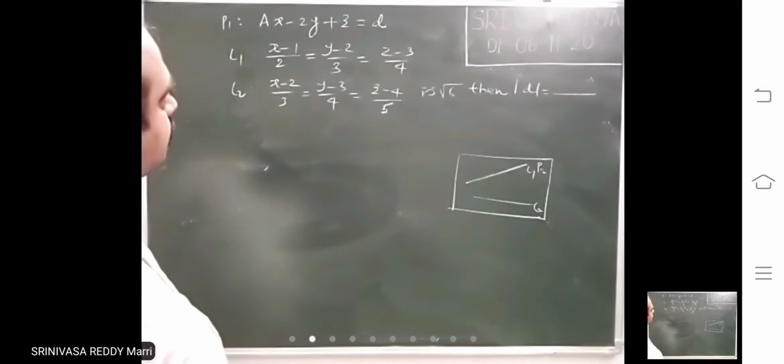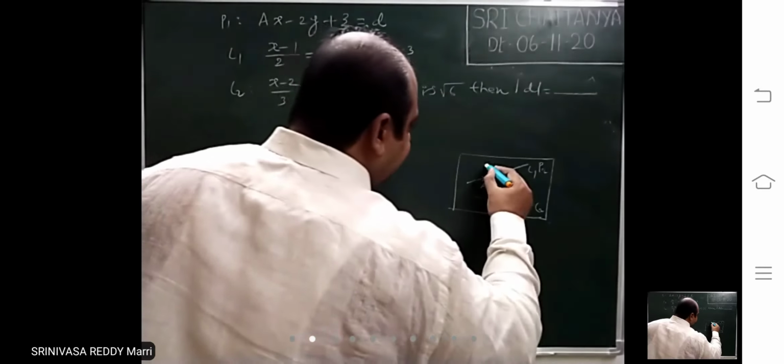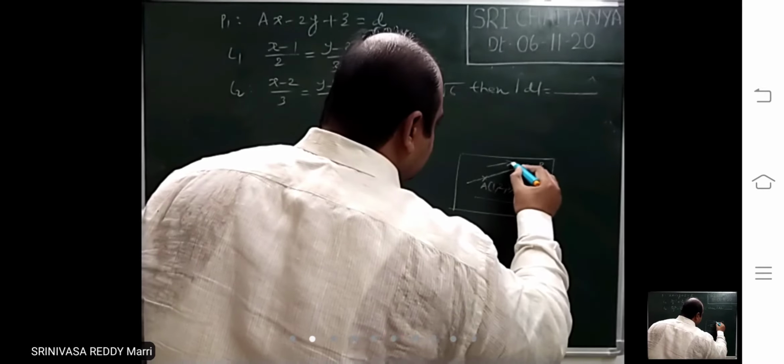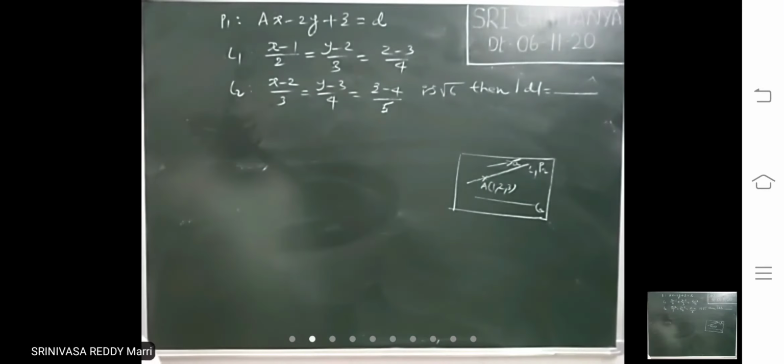1, 2, 3, and then this vector is there, A bar, and there is a point on this, 2, 3, 4, and in this direction one vector will be there.